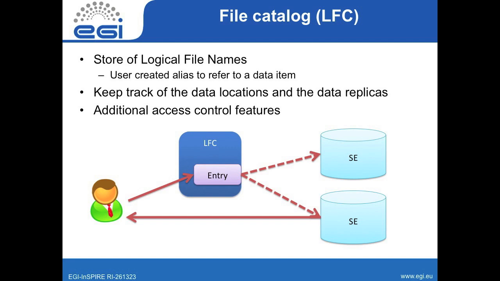So what a user does is query the LFC server using a logical file name, and they get back the physical location of a file. If there are multiple replicas, of course, it will choose one of these replicas and download the file.